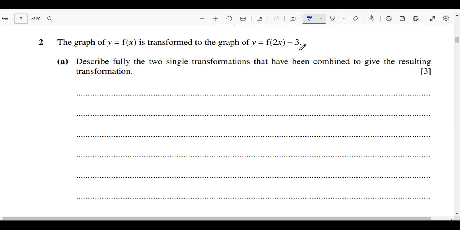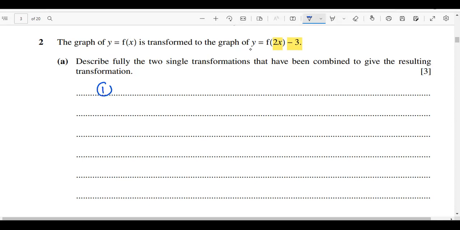Now what can we see? We can see that they have multiplied 2 with x and they have subtracted 3 from the function. When we are multiplying something with x, the change would be in the x direction, and when we are doing something with y, it would be in the y direction. So we have two transformations.